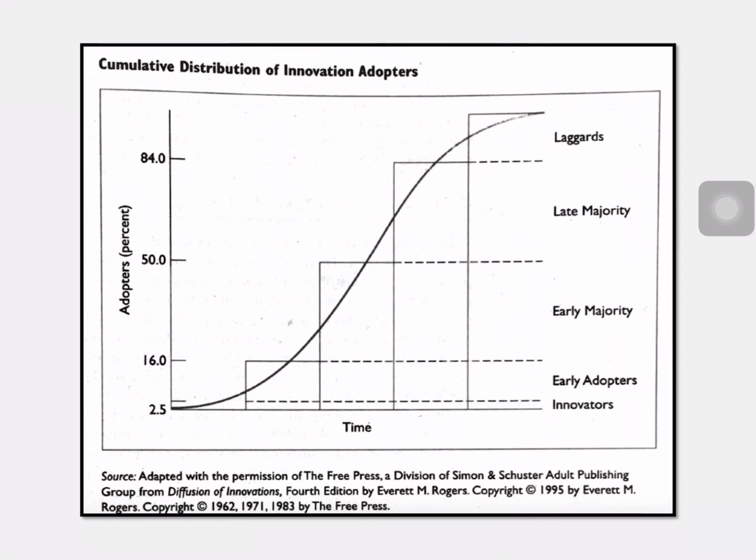So the strategy on the part of the company is to influence the innovators, and if the start is good, the journey will be good and the ending will be good. So you need to influence the innovators.